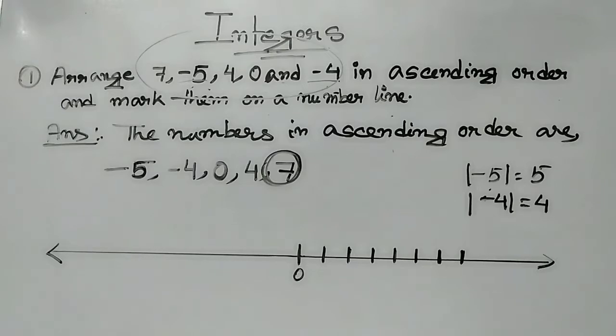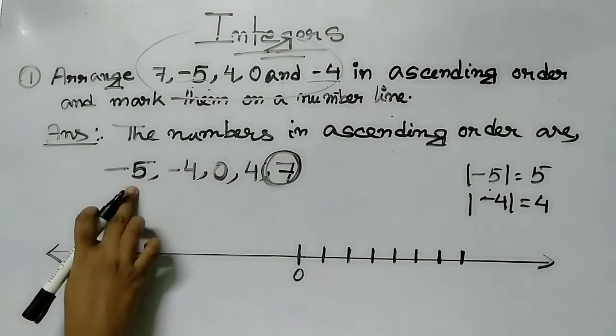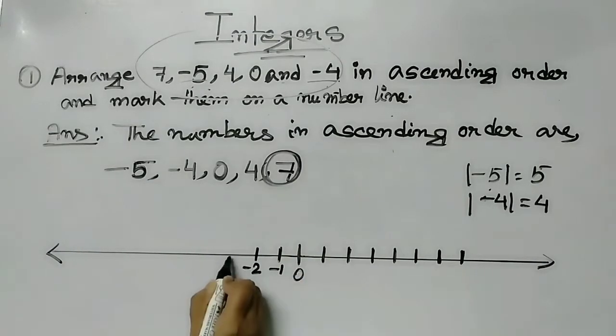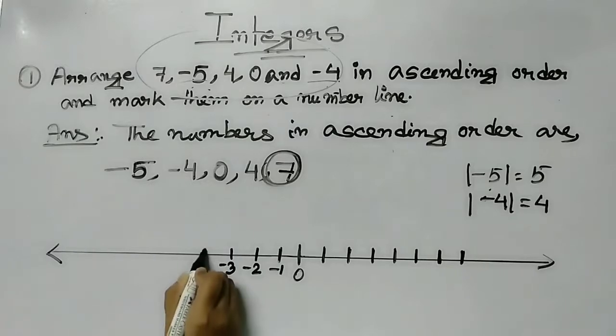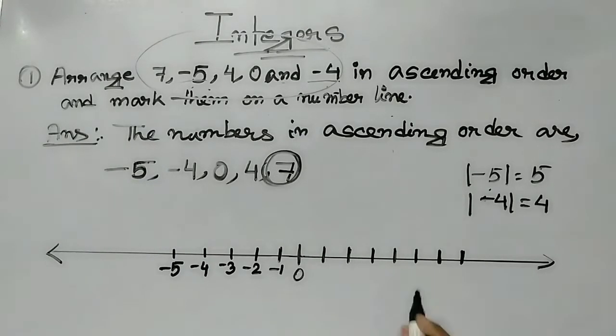You can continue, but this is not necessary. And in the negative side, minus 5 is the last. So, minus 1, minus 2, minus 3, minus 4, minus 5. You can continue, but this is not necessary.